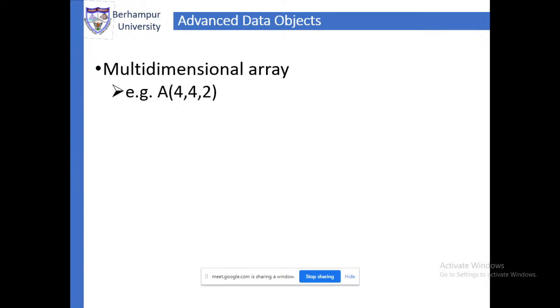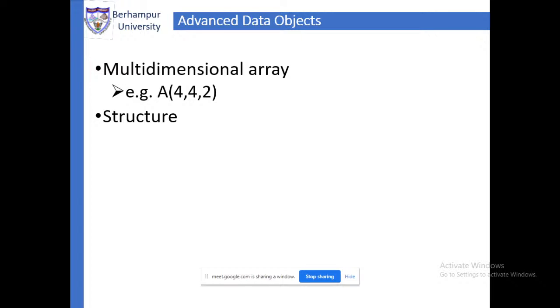Or you can say A is equal to 1, 2 semicolon 3, 4. It is a 2 cross 2 array, a 2-dimensional array. Or you can say A is equal to 1, 2, 3, comma 4, 5, 6, comma 6, 7, 8. So it is a 3-dimensional array.